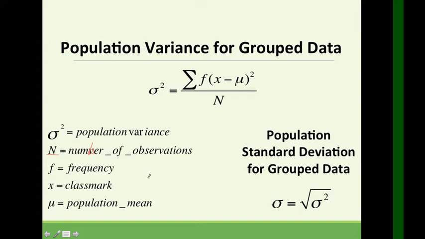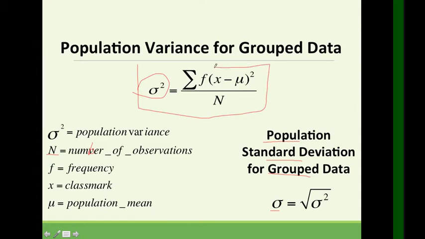And on the other hand, to solve naman for the population standard deviation for group data, ayan, the formula is sigma equals square root of sigma squared. So, yung answer mo dito, ang gagawin lang is square root lang natin yon para makuha natin yung population standard deviation.